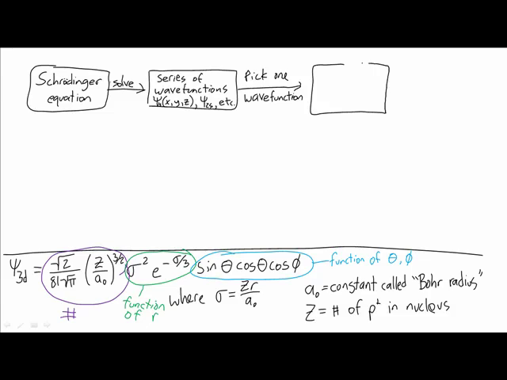And so, for example, let's say we pick psi 1s. What you can do with a wave function, since it's a function, you plug in numbers and then you get out another number, right? So you plug in points in space.